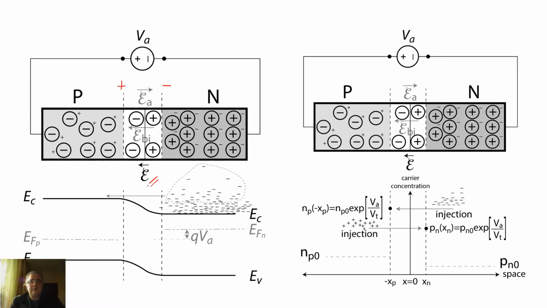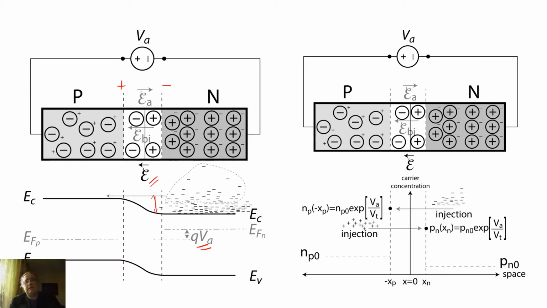Because we reduce the electric field inside the PN junction, the potential barrier that exists between the P side and the N side, which is visible by the bending of the band diagram, is reduced by the amount of the externally applied voltage.